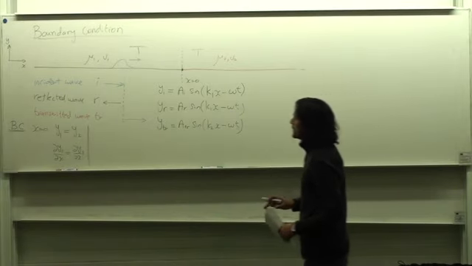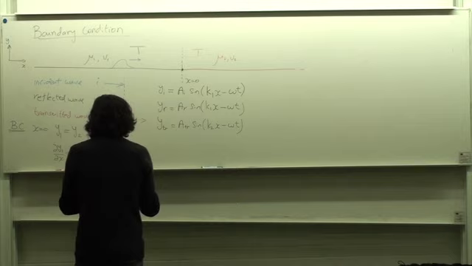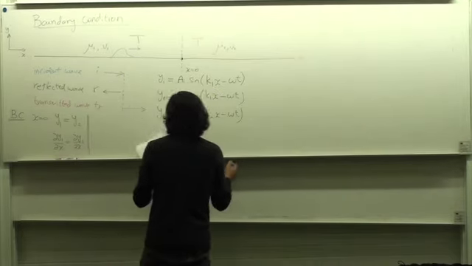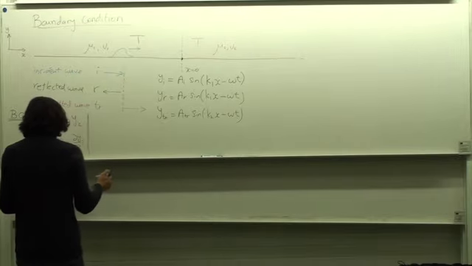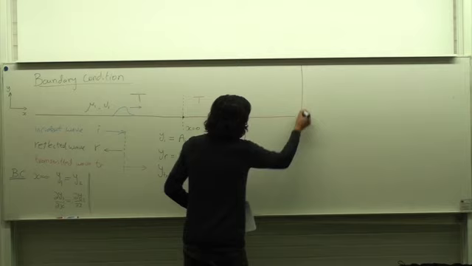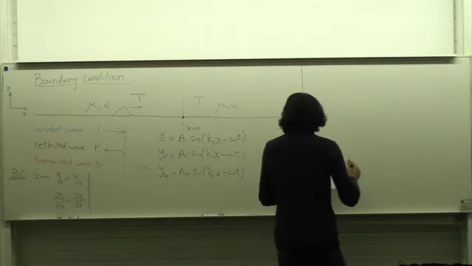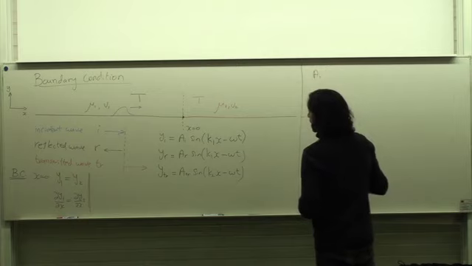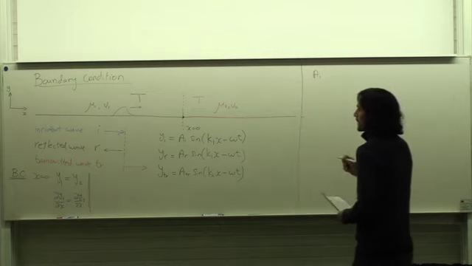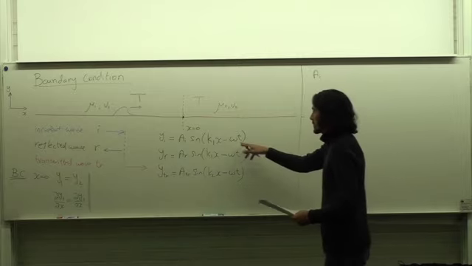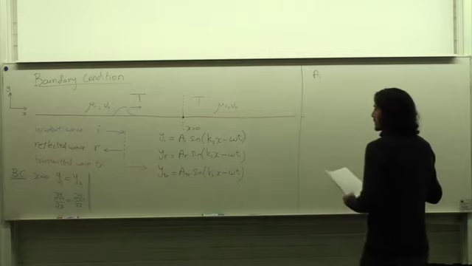All right. So now we can write what happens at x equals 0. We get the following conditions on the amplitude A_I at x equals 0 and at any time. You can take any time that you want.